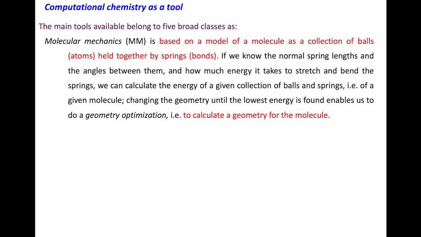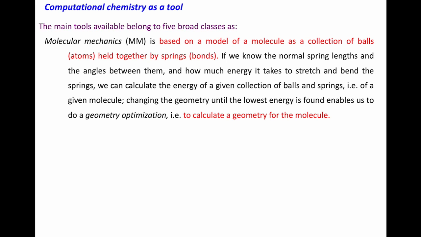In this method, we consider atoms as balls and the bonds between them as springs, and we change the bond length by stretching or bending. The bond length decreases when we compress, and increases when we stretch the bonds.